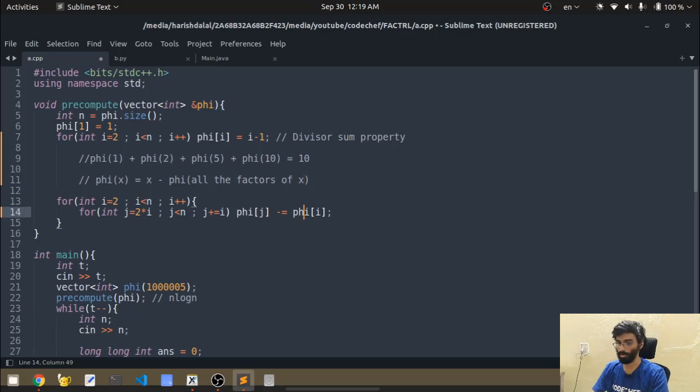The time complexity for which is n log n. You can read more about this on the CP Algorithms website.